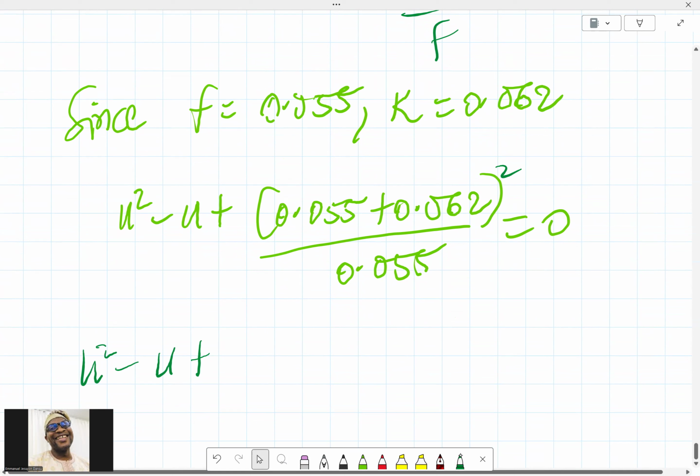So I have 0.055 plus 0.062, raised to power 2, divided by 0.055.